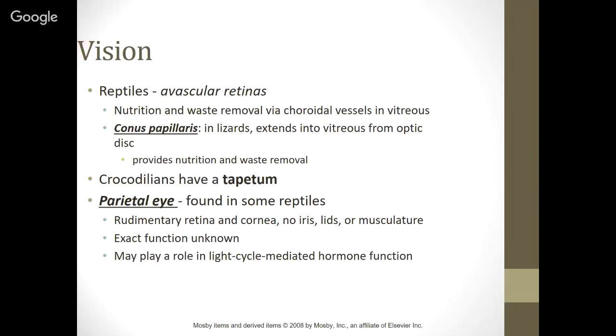Nutrition and waste removal is via choroidal vessels in the vitreous, so it's through the vitreous humor. The conus papillaris, a little finger, a little cone, in lizards, actually extends into the vitreous from the optic disc. It provides nutrition and waste removal.